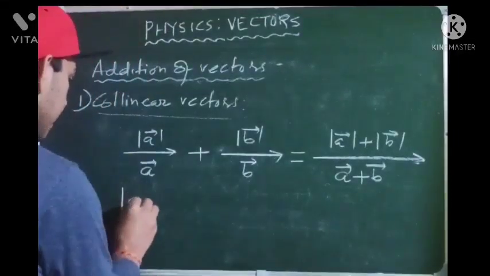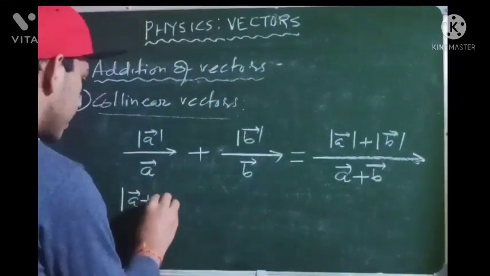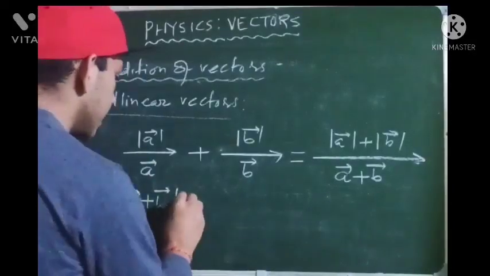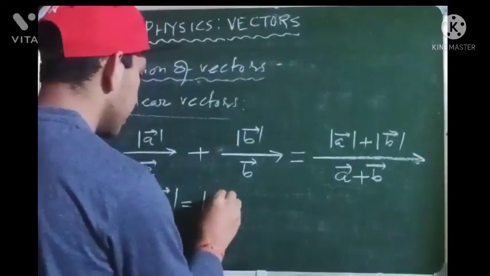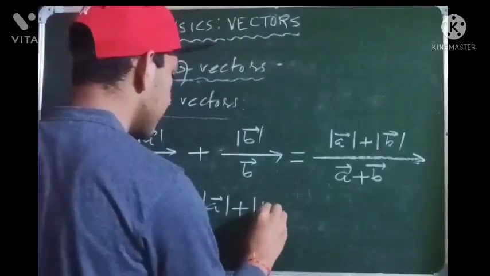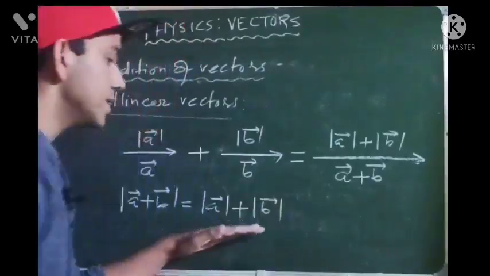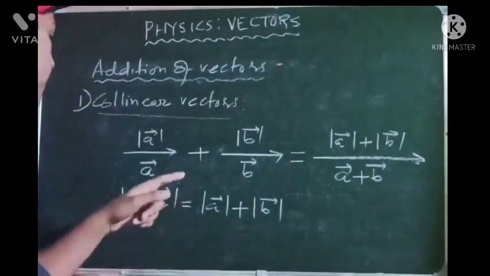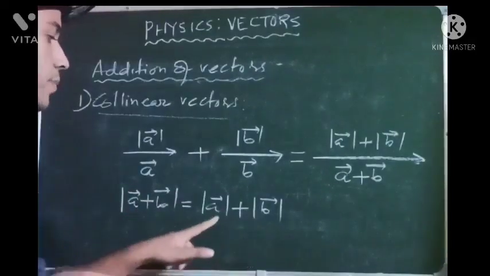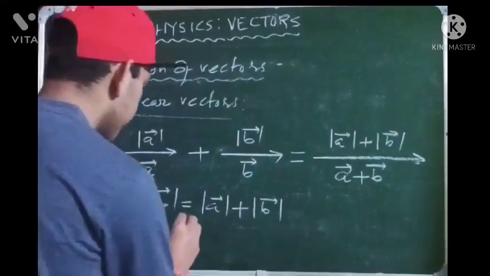That means if we are given that the magnitude of A plus B vector is equal to mod of A vector plus mod of B vector, then from this statement we can infer that both these vectors are pointing in the same direction.